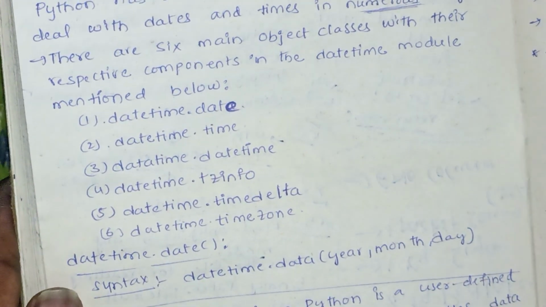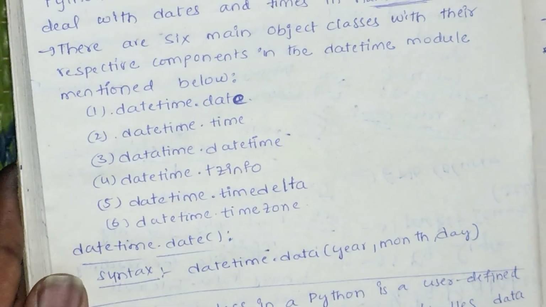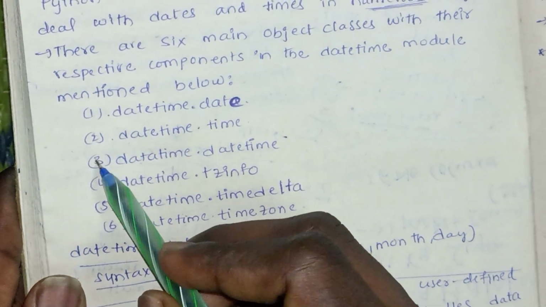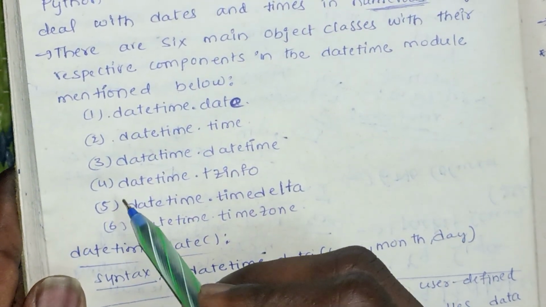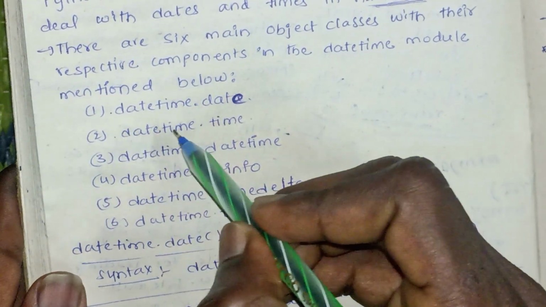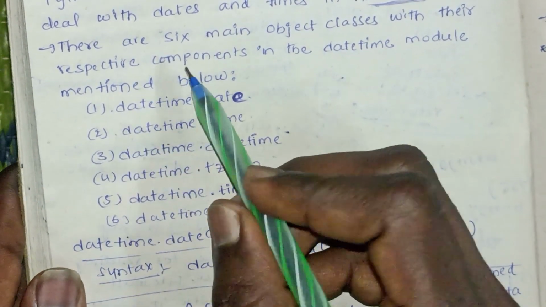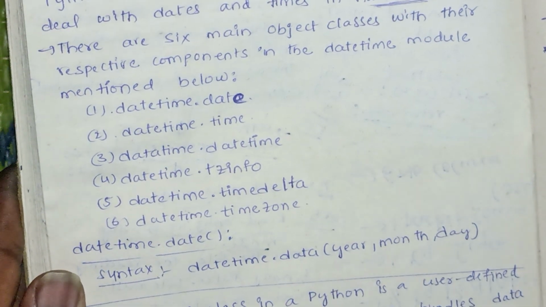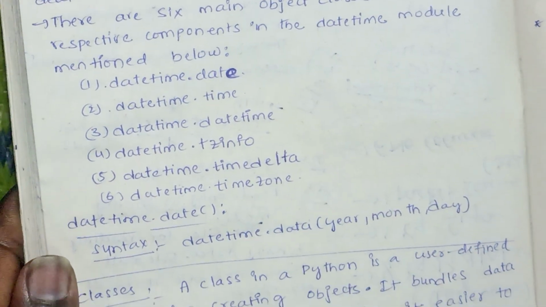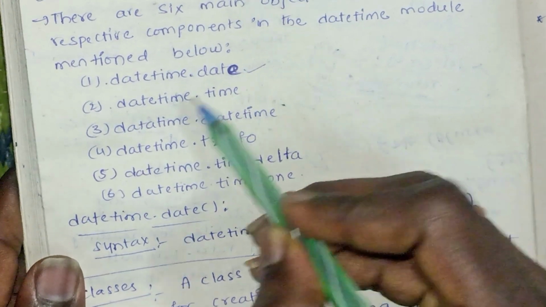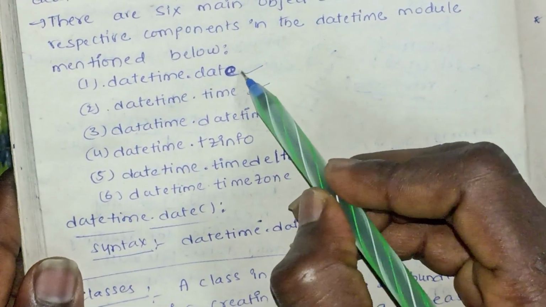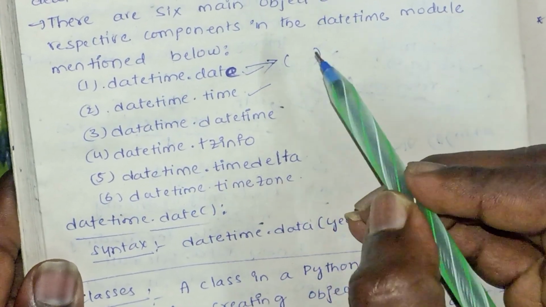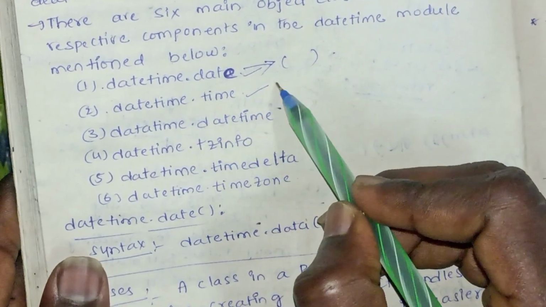There are 6 main object classes with their respective components in the datetime module. These are the 6 different types related to date and time. So what are those operations? In Python we have datetime operations, divided into 6 types. datetime.date, datetime.time. datetime.date gives the output as the current date, and time is the current time.